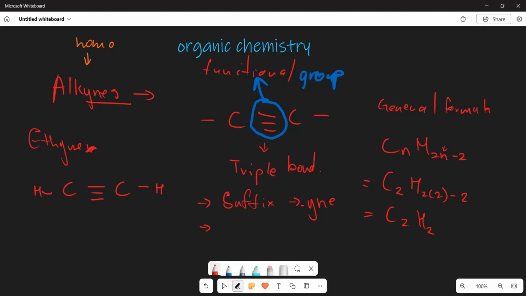If you come back and check, you have 2 hydrogens, which indeed qualifies, and you are having 2 carbons, 1 here and 2 here, right? So that is the use of this general formula of ours.